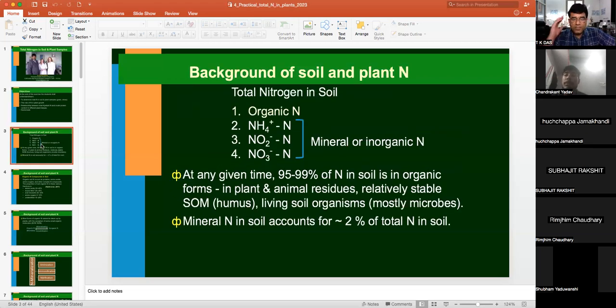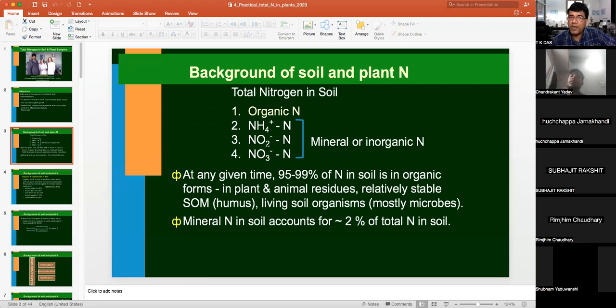Now you see, it is just a repetition of what I already discussed. Total nitrogen in soil: you can see organic nitrogen, ammonical nitrogen, nitrite nitrogen, and nitrate nitrogen. The ammonical, nitrite, and nitrate nitrogen make up your mineral or inorganic form of nitrogen. This mineral pool can be supplemented through fertilizer.